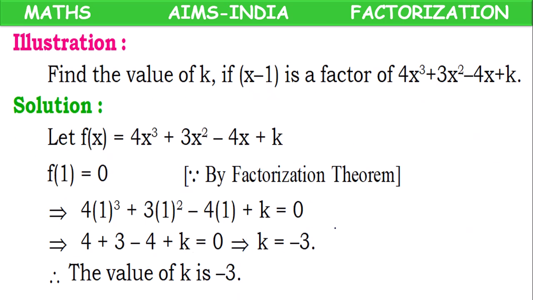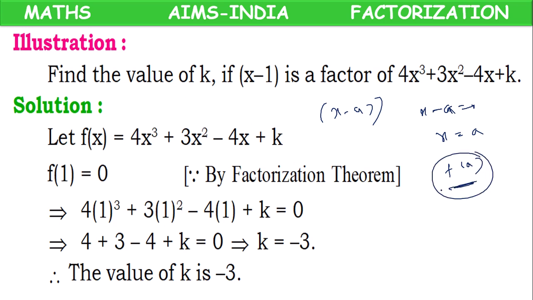So like that, we can find the unknown values. Suppose if x minus a is a factor, then what will be the remainder? We have to take x minus a equal to 0, x equal to a, so f of a will be the remainder.